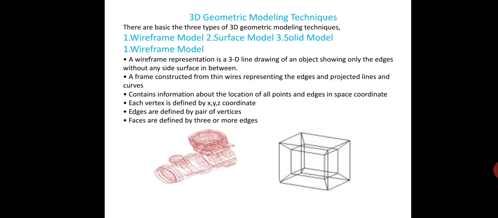A frame constructed from thin wires represents the edges and projected lines and curves. It contains information about the location of all points and edges in space coordinates. Each vertex is defined by x, y, and z coordinates. Edges are defined by pairs of vertices. Faces are defined by three or more edges.